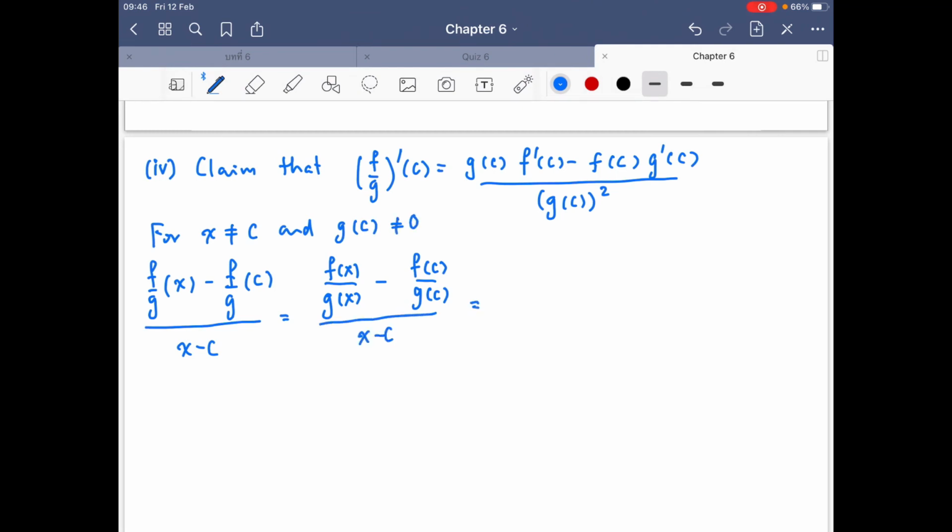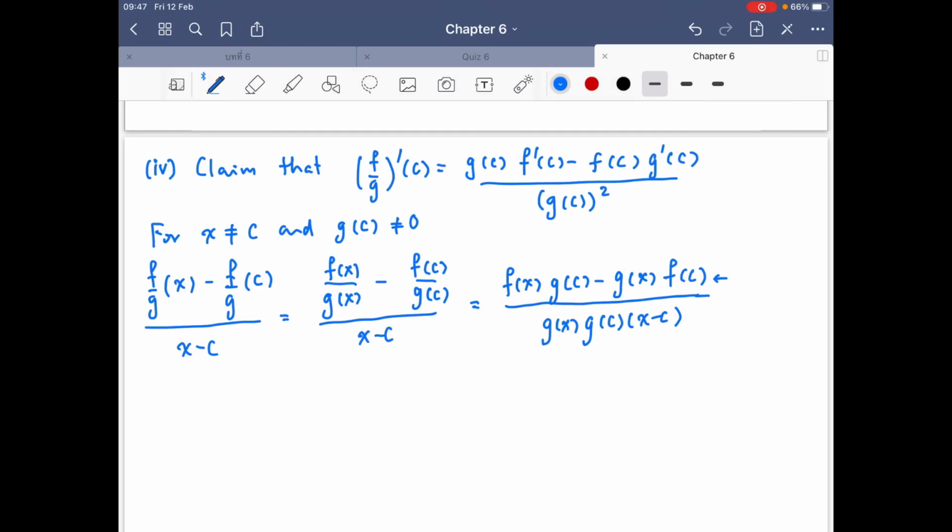And you do the cross multiply, so you get f of x g of c minus g of x f of c over g(x) g(c) and x minus c. Again we are going to try to add some terms so that what is on your top can be related to something we have with the quotient that determines the derivative of f and g.